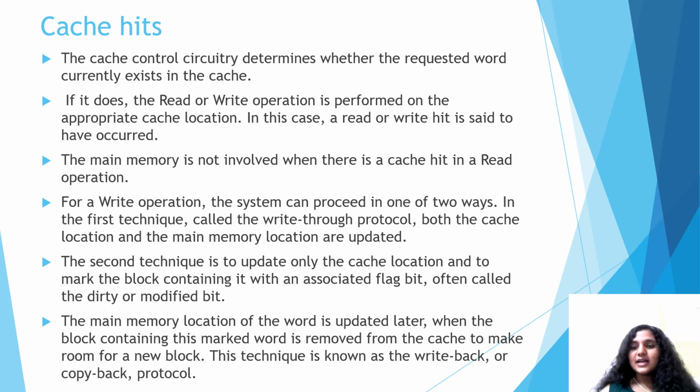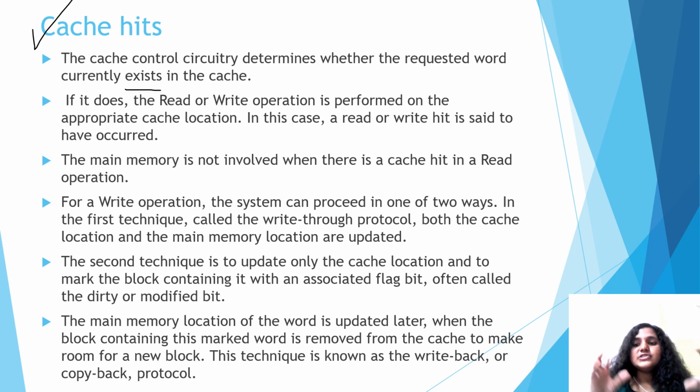Here is another new topic called cache hits. This describes when the data is stored in the cache memory. What if that is not present in the CPU or the main memory while accessing? So this describes that. Let us learn. The cache control circuitry determines whether the requested word currently exists in the cache or not.